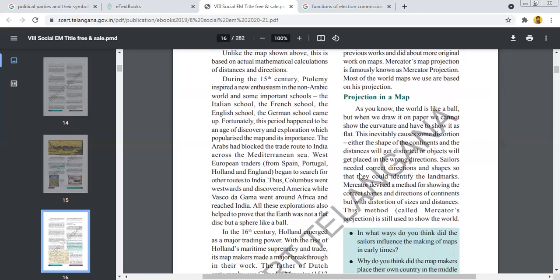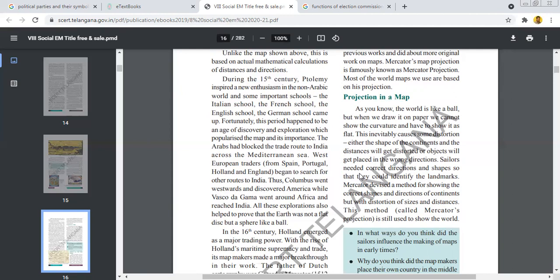Some countries may be hidden behind the globe. Even when we are drawing, you cannot show the curvature, and shapes of the countries may be destroyed.